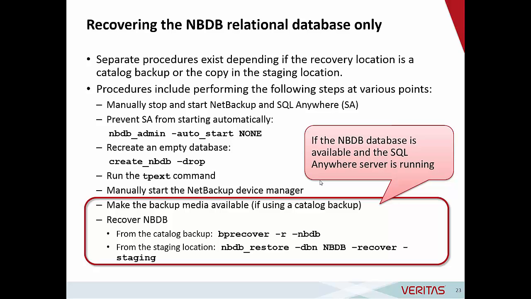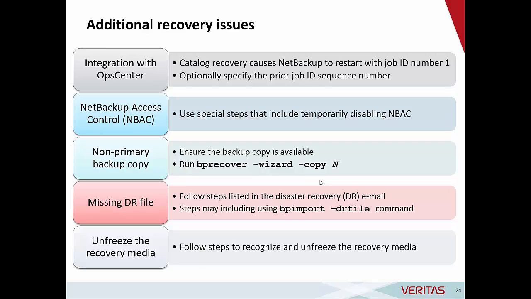If I've got a good, healthy catalog backup in my staging area, I can avoid the need to do a restore. I can use the nbdb_restore command to read the data right from that staging area and load it into the NBDB.